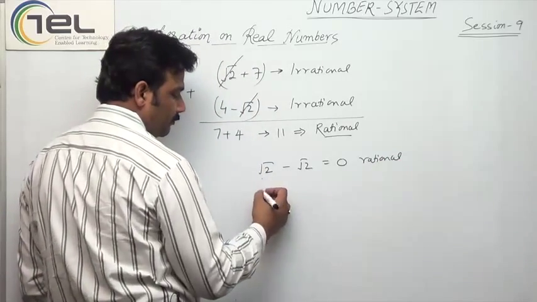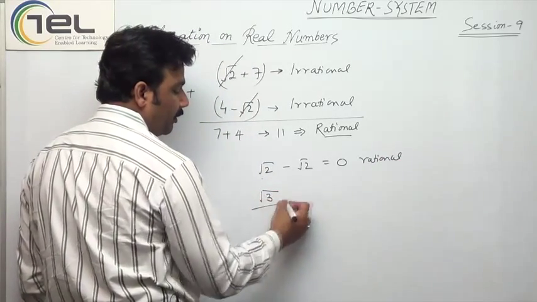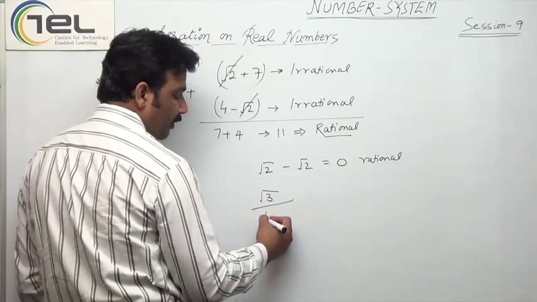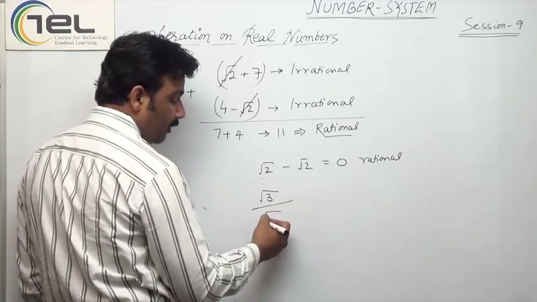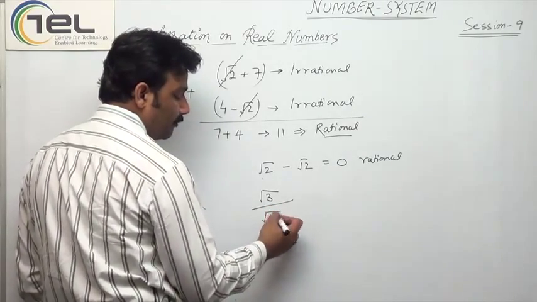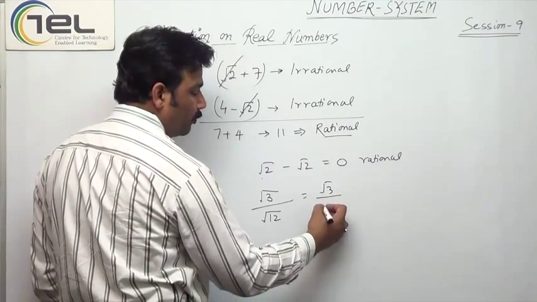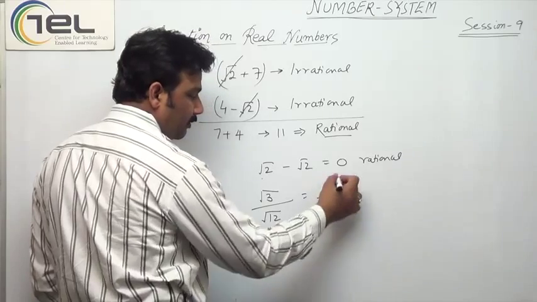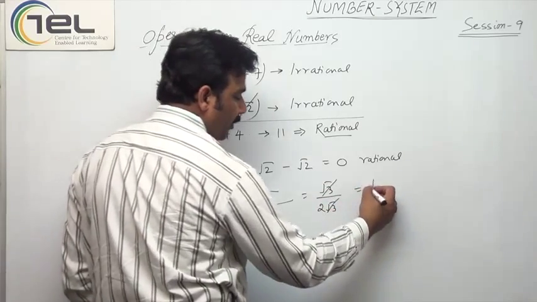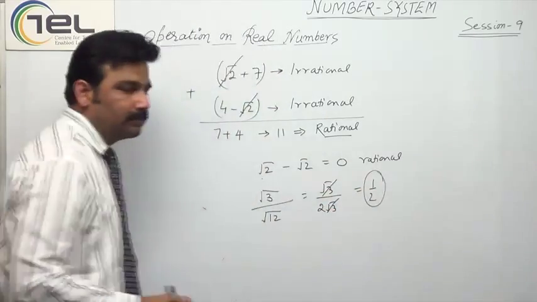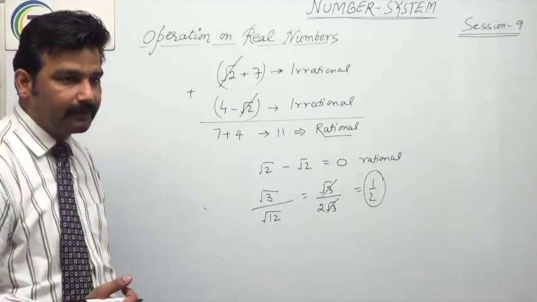Division also. Square root of 3 is divided by square root of, let's say I will take 12. So it will be square root of 3 over 2 root 3, and 3 will be cancelled, it will be half. So it's irrational.